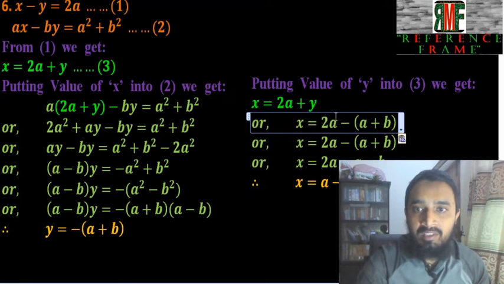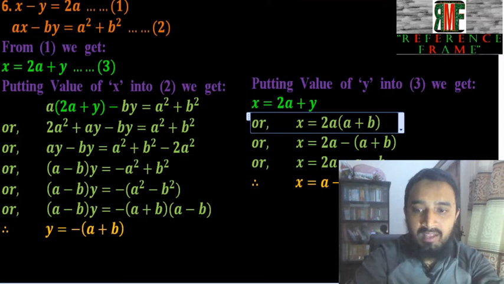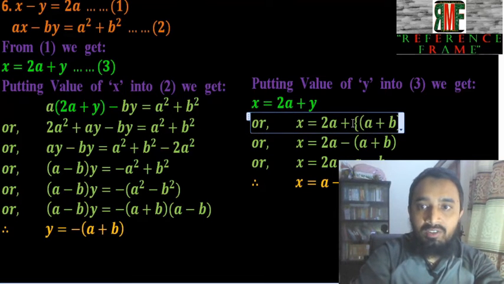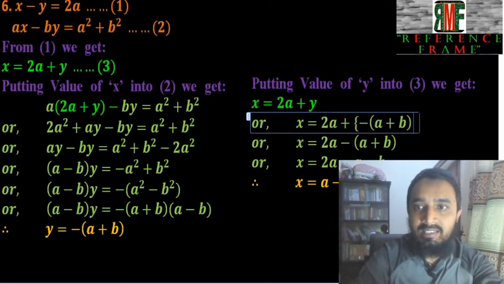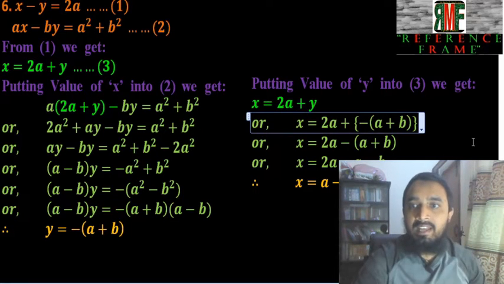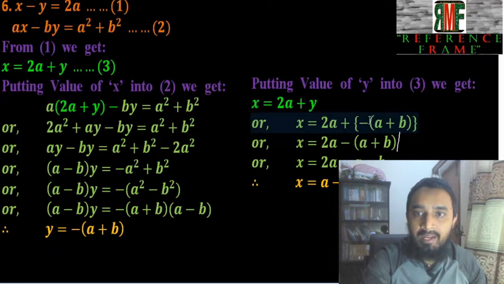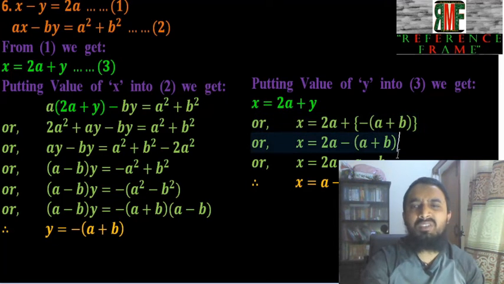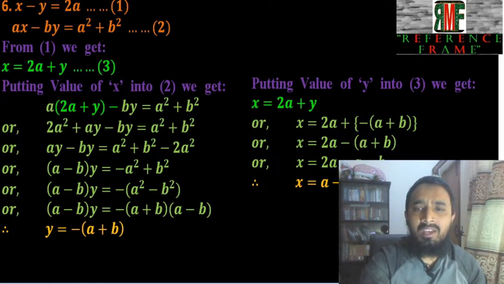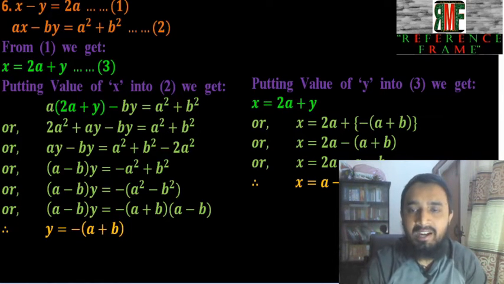What is the value of this? This is a plus sign. And if I introduce the second bracket, we're going to have minus. Now this is the value of y, minus. So plus and minus becomes minus. We just do it by skipping this step, because you are now smart enough to do advanced level mathematics.